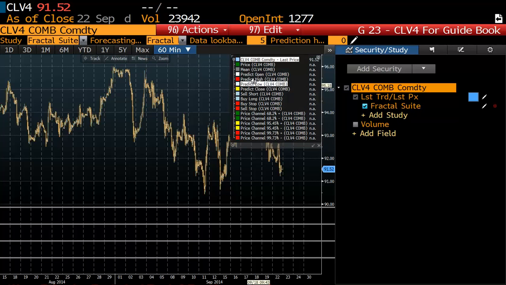You can see here in the legend that all of the various indicators that are included have an NA, or not applicable, next to them. This will change as we activate the various different indicators. As it stands right now, nothing is really on, but the suite is active. So this is the first step in using it.